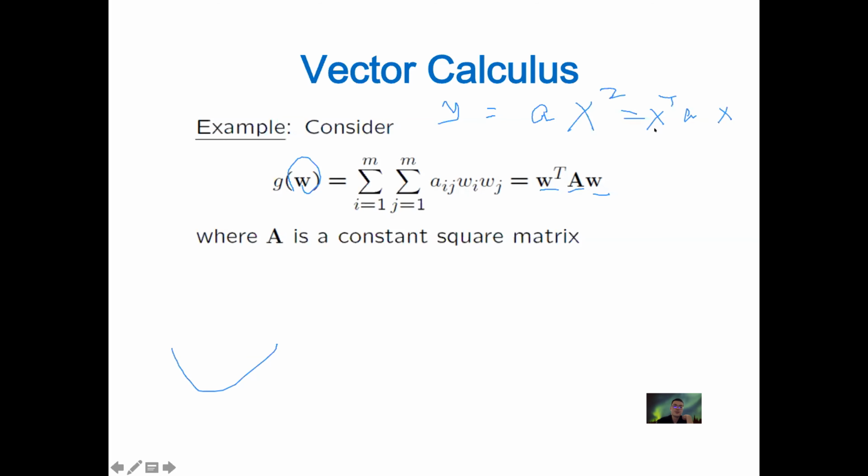If you want to generalize this simple thing to high dimensions, you have to do something like this, where X now becomes a vector. Keep in mind this shape is called a quadratic form, and it always maps to one scalar value. Think about it: W is a column vector, and after transpose it is a row vector.